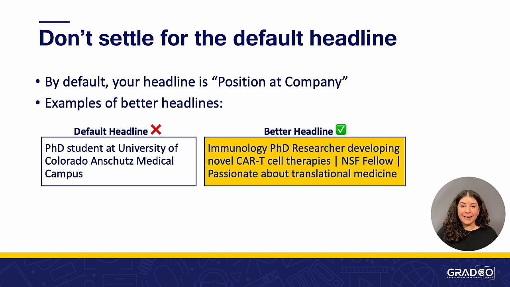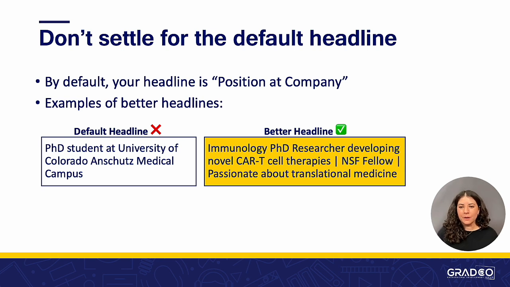Well, for one, now you actually know what that student is researching, whereas before, no clue. Also, this headline includes keywords that might be important for the student's career goals, like immunology and cell therapies. This headline also showcases some accomplishments that the student got. An NSF grant, wow! Finally, it also hints at the career goals with the translational medicine.